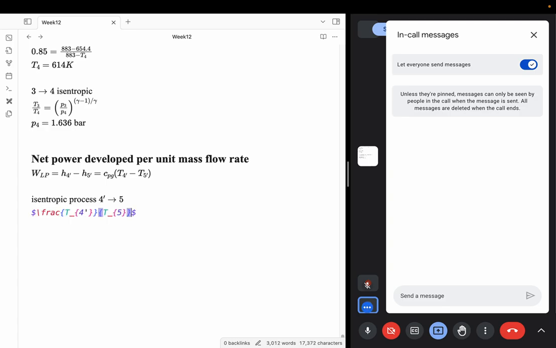T4 prime by T5 equals P4 prime by P5, to the power gamma minus 1 by gamma. Again, which gamma should you be using here?